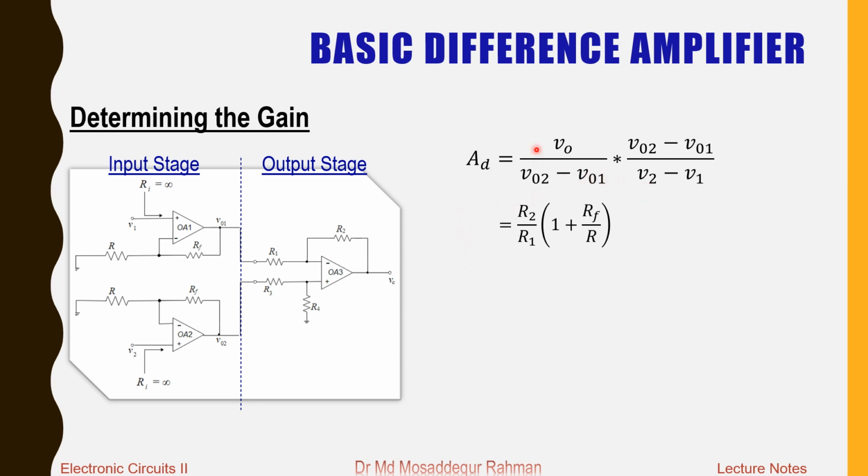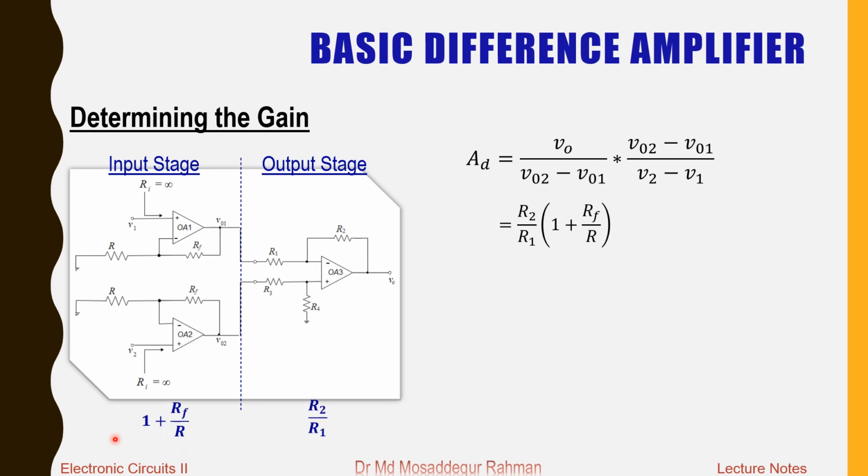One is the gain of the difference amplifier, the output stage, and the other is the gain of the gain stage, that is the input stage. So the gain of the difference amplifier, the output stage, is R2 by R1, and that is the gain of the input stage or the gain stage that we have just determined. So that will be the overall gain of this circuit.